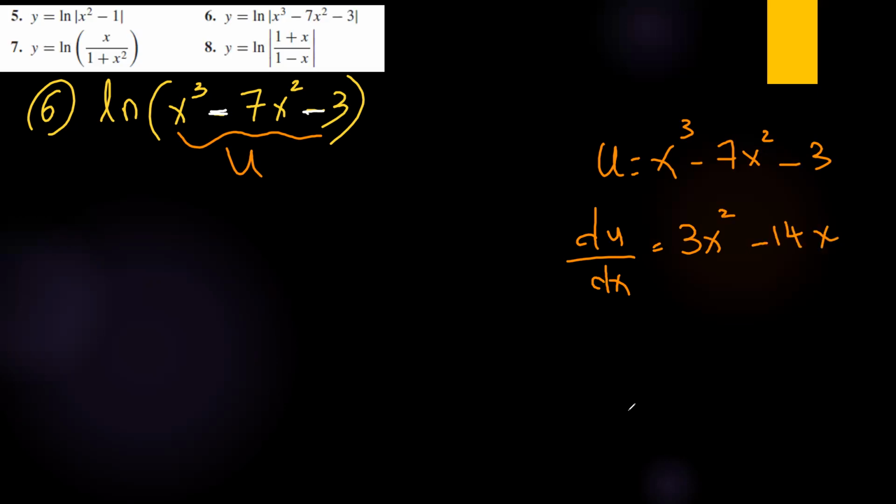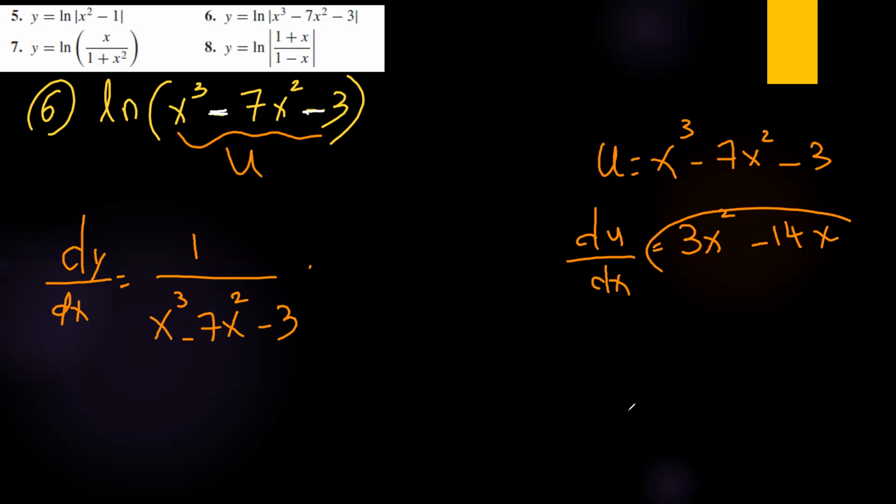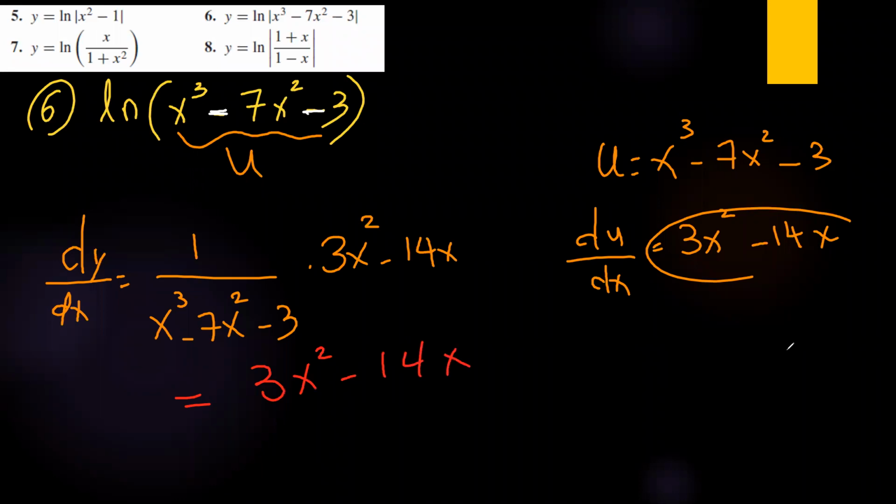Then dy over dx will be 1 over u, which is 1 over x cubic minus 7x squared minus 3, times du over dx, which is 3x squared minus 14x. So here we get the final answer as 3x squared minus 14x over x cubic minus 7x squared minus 3.